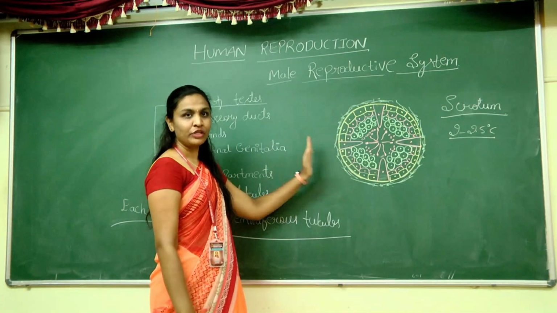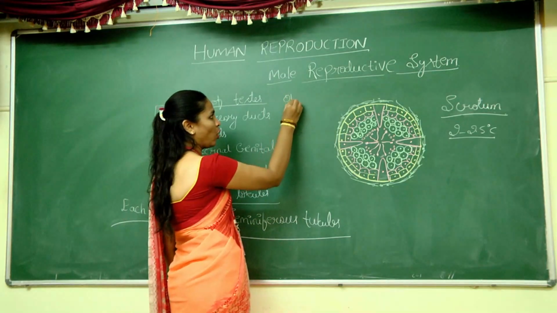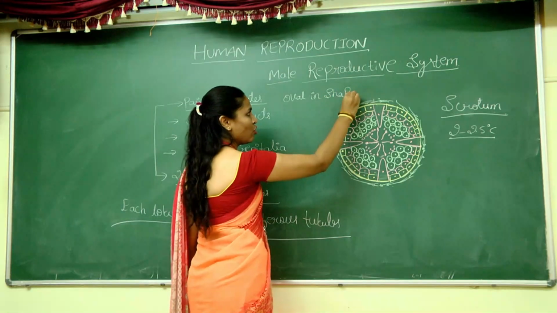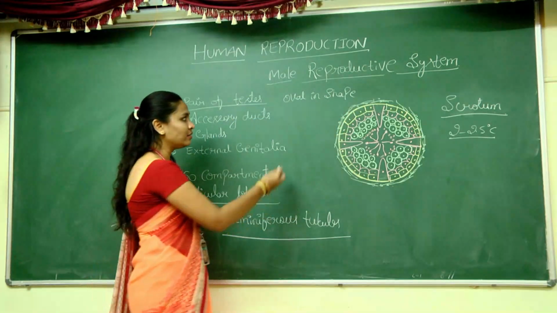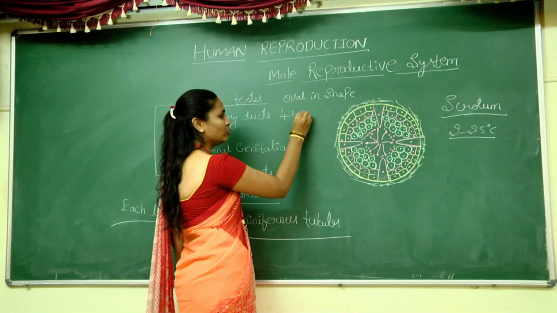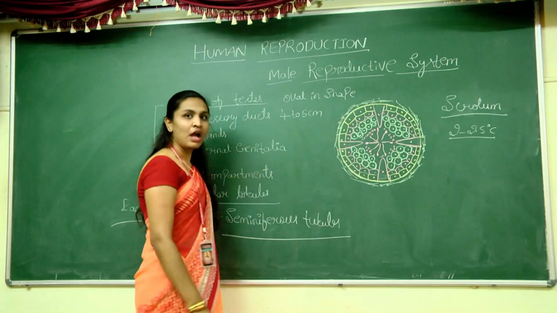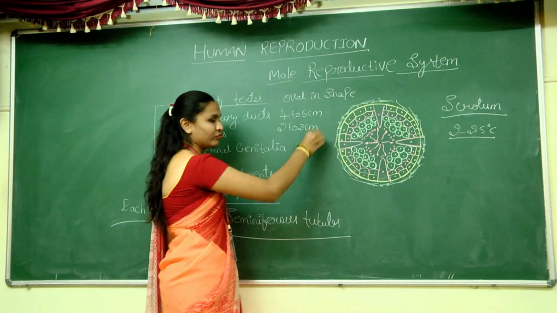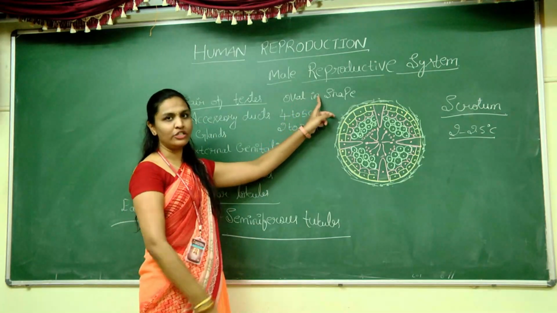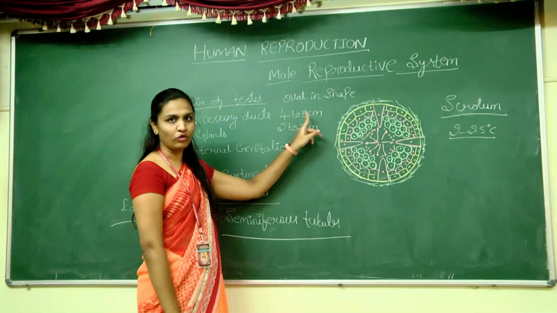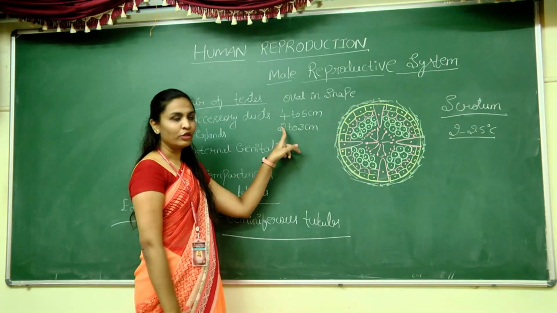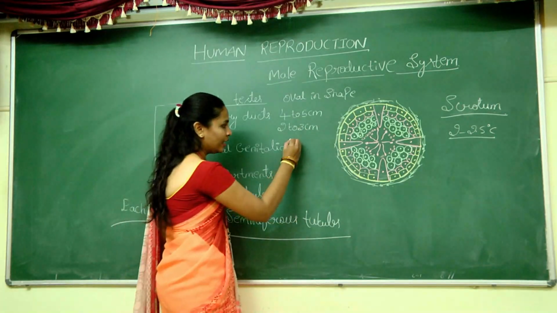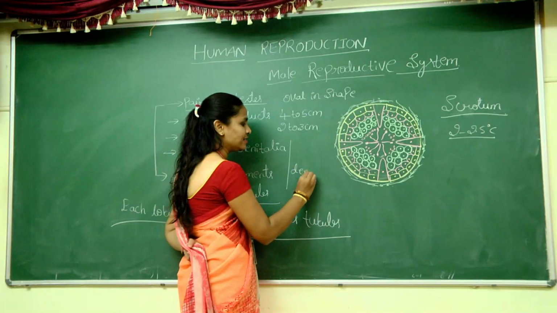Each testis is oval in shape with a length of 4 to 5 centimeter and a width of 2 to 3 centimeter. The testis is covered by a dense covering.